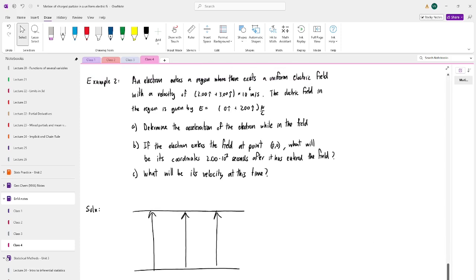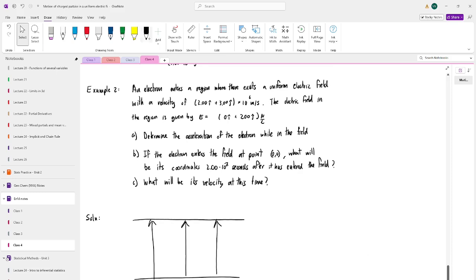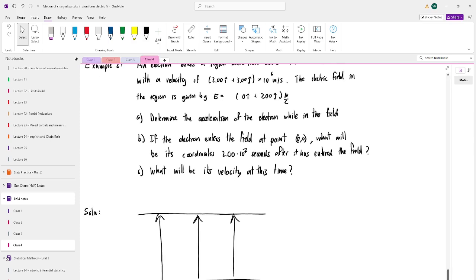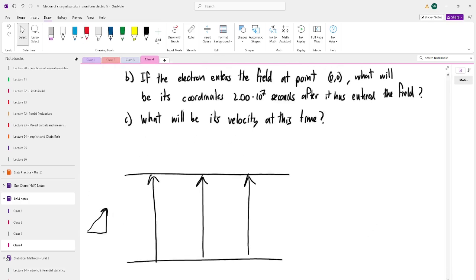And then we know that we send in an electron at 2 times 10 to the 6 in the x, and 3 times 10 to the 6 in the y. So that's going to look something like that, right? Maybe I'll do it in red so it makes a bit more sense.